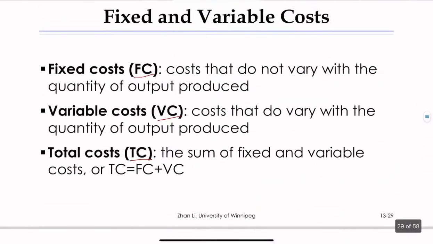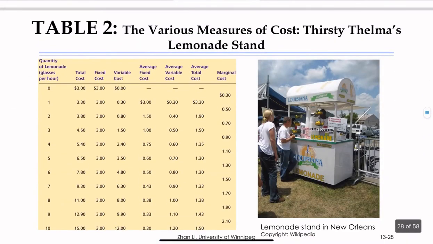So let's first do some exercise, right? Let's calculate these different types of costs. So this is the example of Thirsty Thelma's lemonade stand. Okay, so the first column is about the quantity of lemonade. In this case, you can see that the first column basically tells you the quantity of output, right?